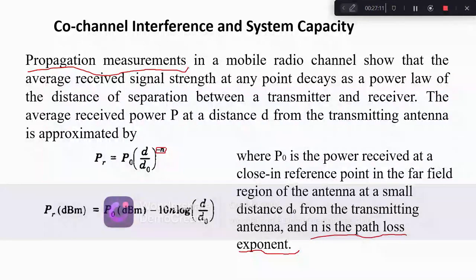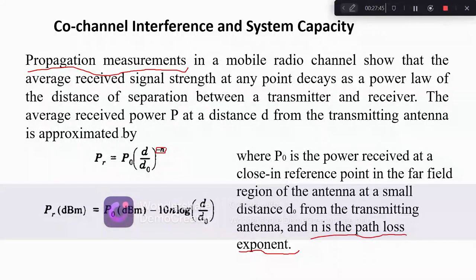Obviously it's a very approximated number, but it includes every propagation phenomenon: the effect of refraction, vegetation, scattering, and reflection, all inside one value. That value is minus n, or you can say n, and that n is called the path loss exponent.